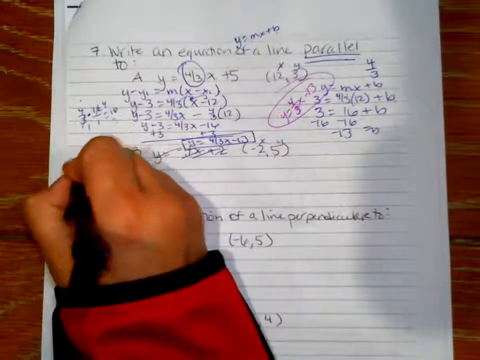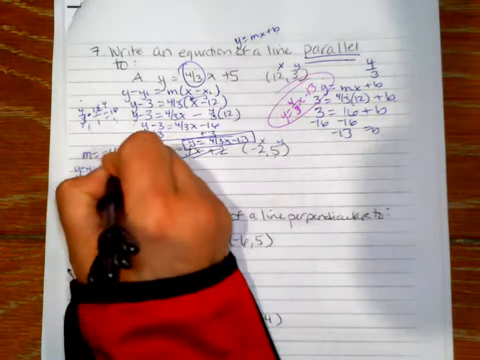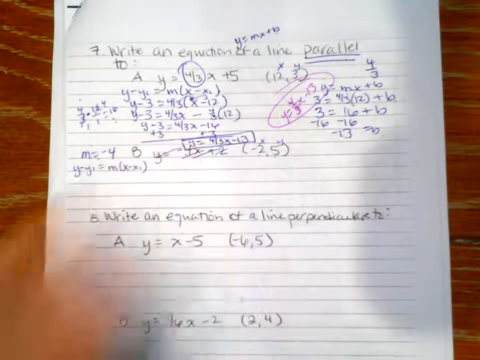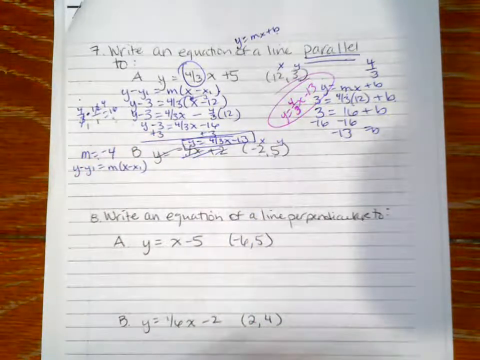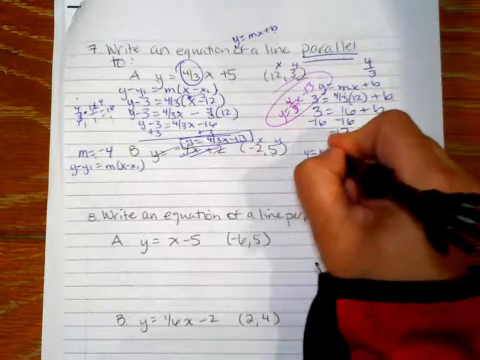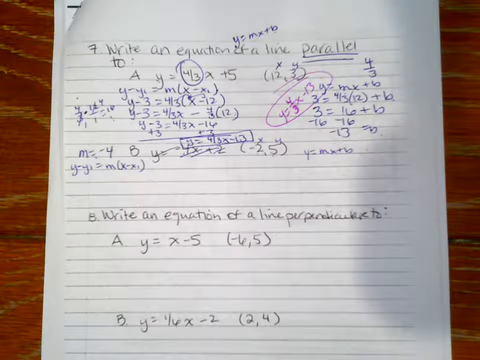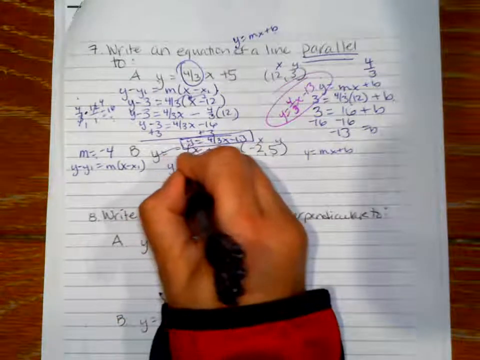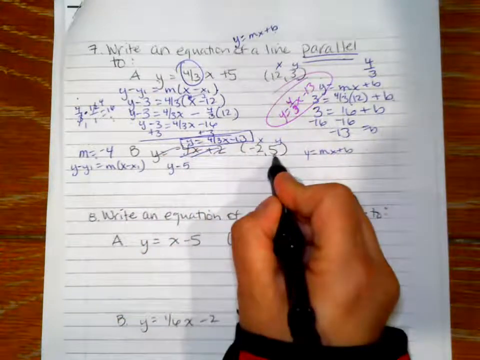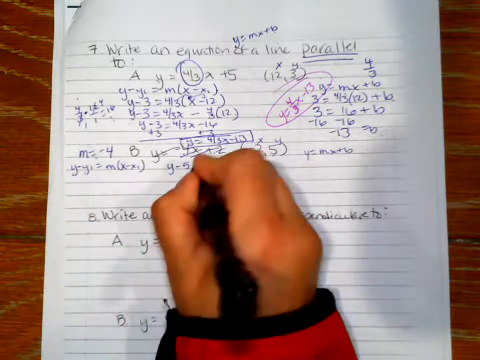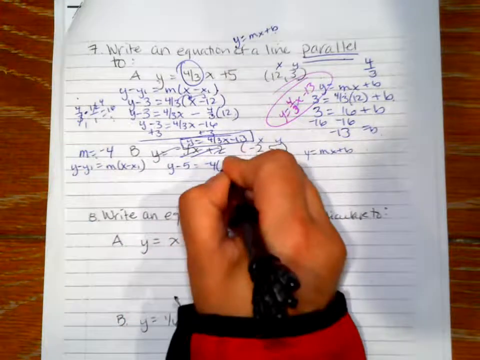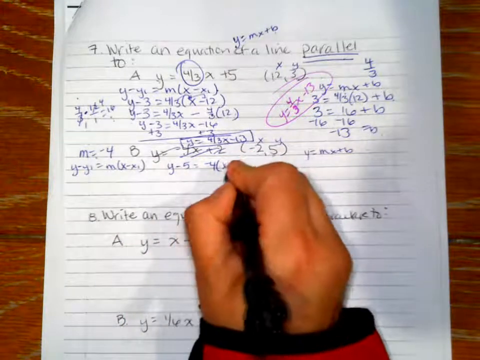So again, that's y minus y1 equals m times x minus x1. If you don't like this method, use y equals mx plus b, whatever way you prefer. So I'm going to plug it in here first. I'm going to get y minus 5, because there's my y, equals negative 4 times x, and this is going to be plus 2.